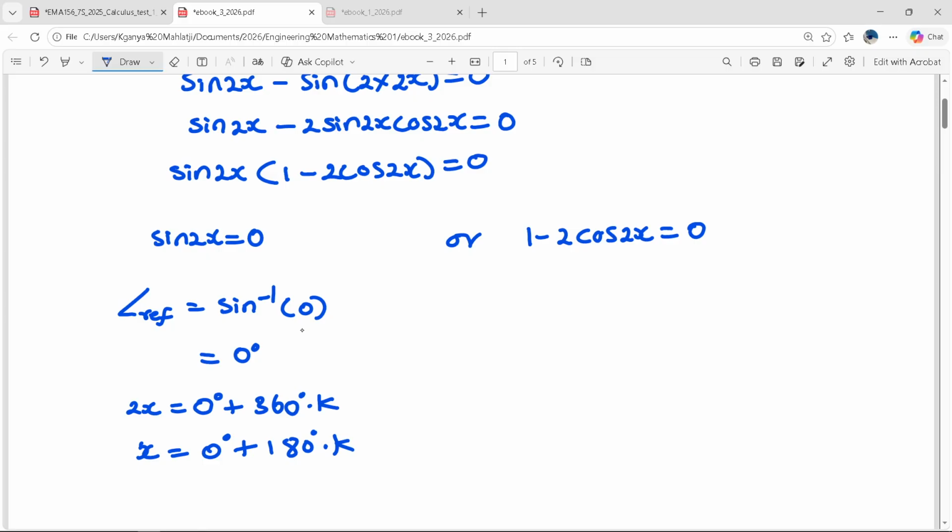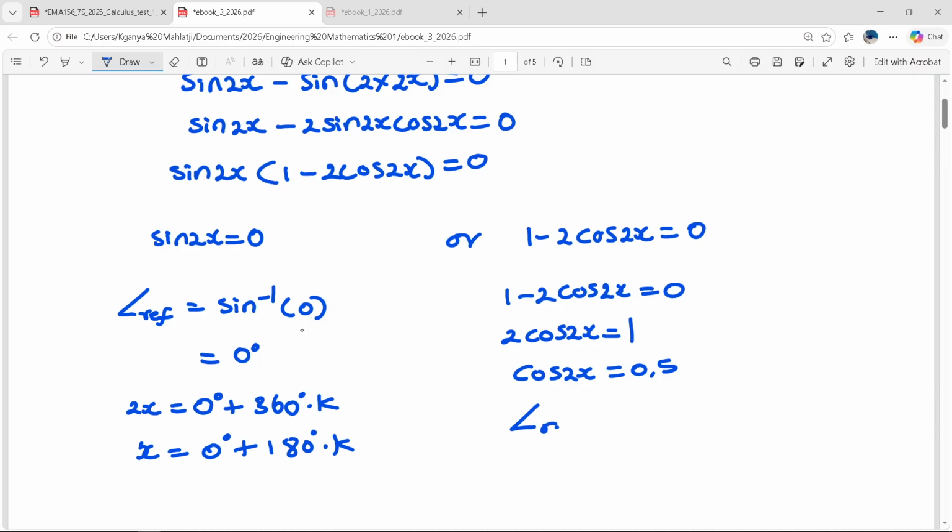Let's go to this side. You will have 1 minus 2 cos 2x equals 0. Then 2 cos 2x equals 1, so cos 2x equals 0.5, dividing both sides by 2.